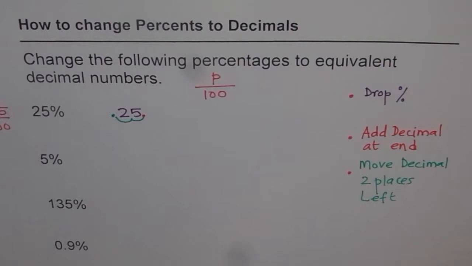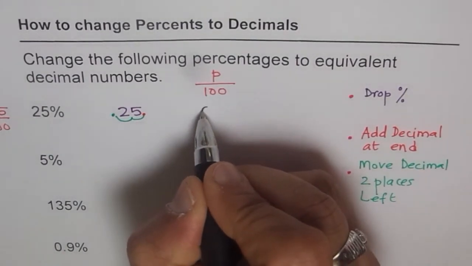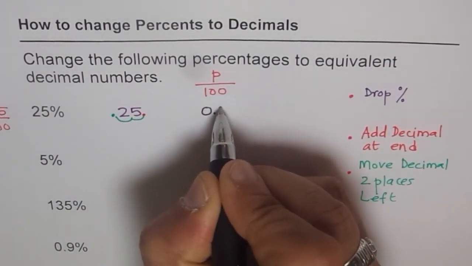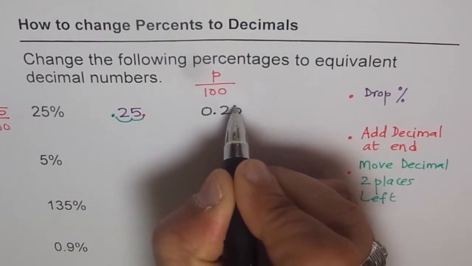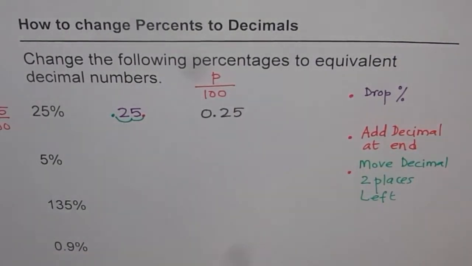So once you have done this, you can write down your answer. It's good practice to write it with 0 along. So we write 0.25. If there is nothing before a decimal number, it is a good practice to write 0.